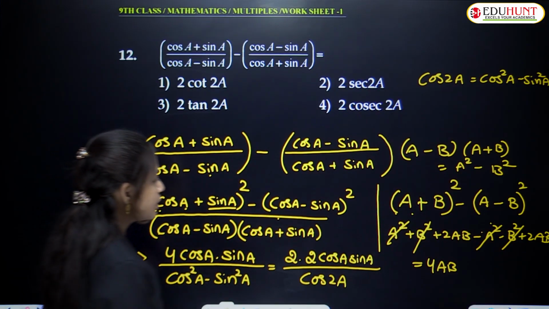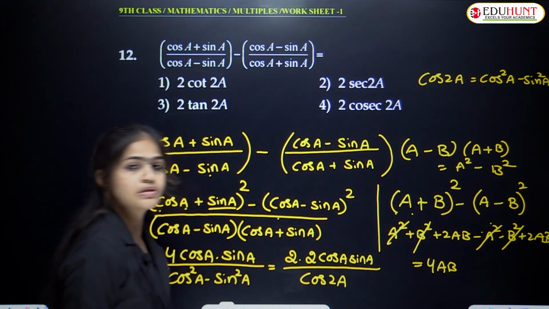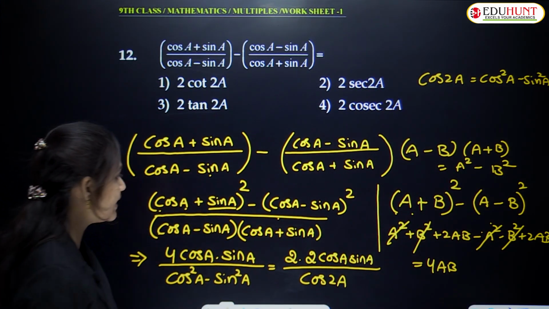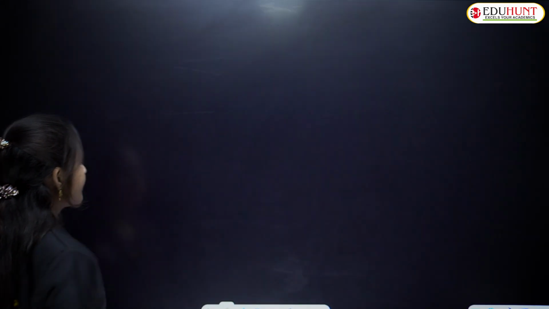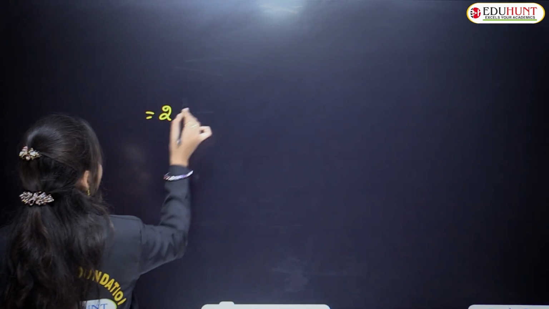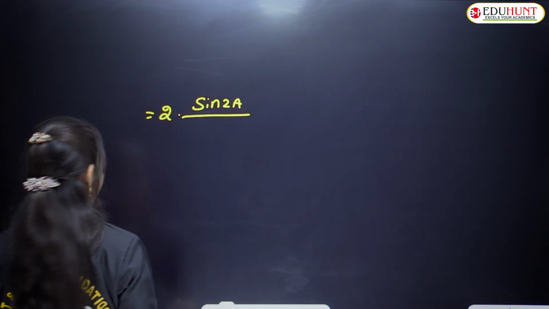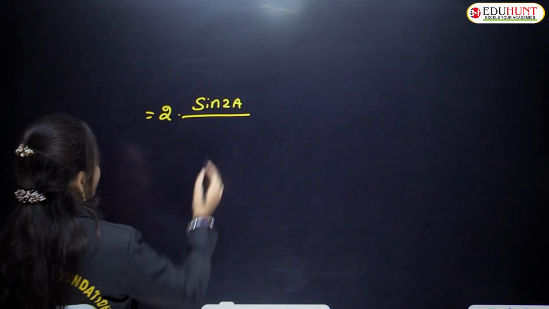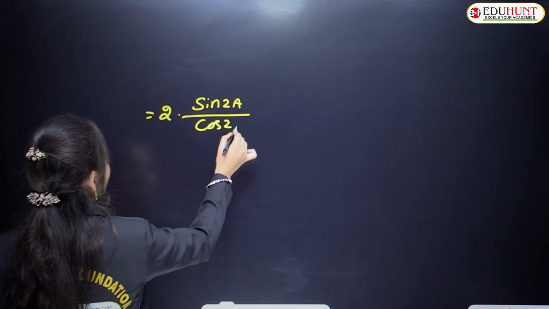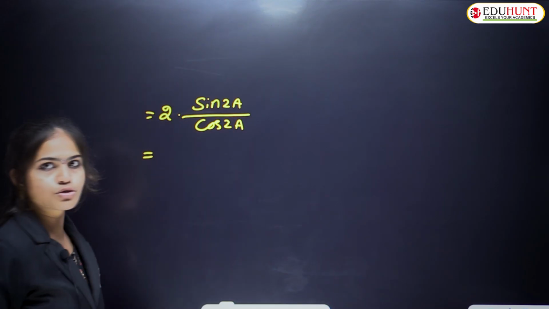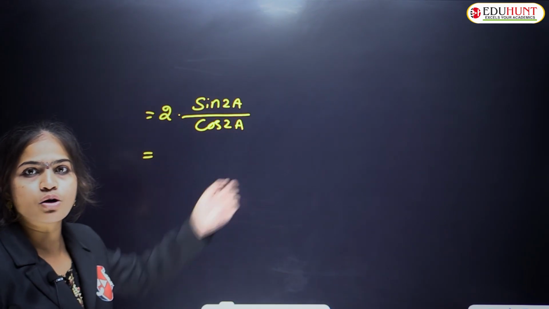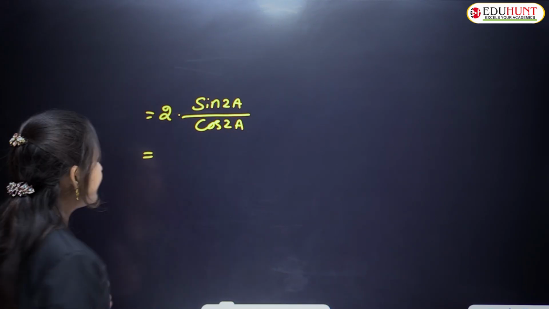Okay, ma. So here this is the formula for that 2 sin A cos A or 2 cos A sin A, that is the formula for that. Here we can write this one as, that is the formula for sin 2A whole by, here we have that cos 2A. Okay, so sin 2A by cos 2A, so sin theta by cos theta, that is tan theta.